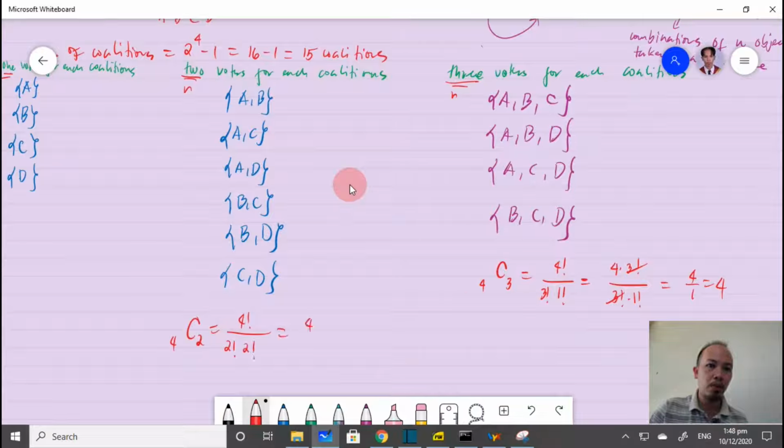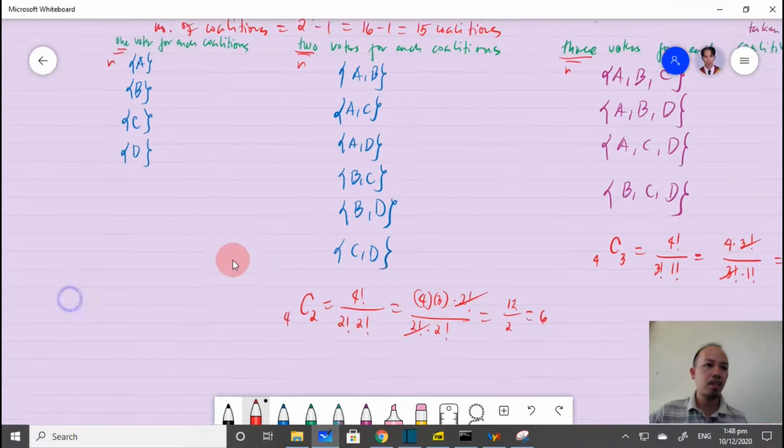So 4 times 3 times 2 factorial over 2 factorial times 2 factorial. Cancel out. So we have 4 times 3 is 12, divided by 2 times 1. So here we have 6. I'm pretty sure that we are correct. You can see here 1, 2, 3, 4, 5, 6. Let's try again this one.